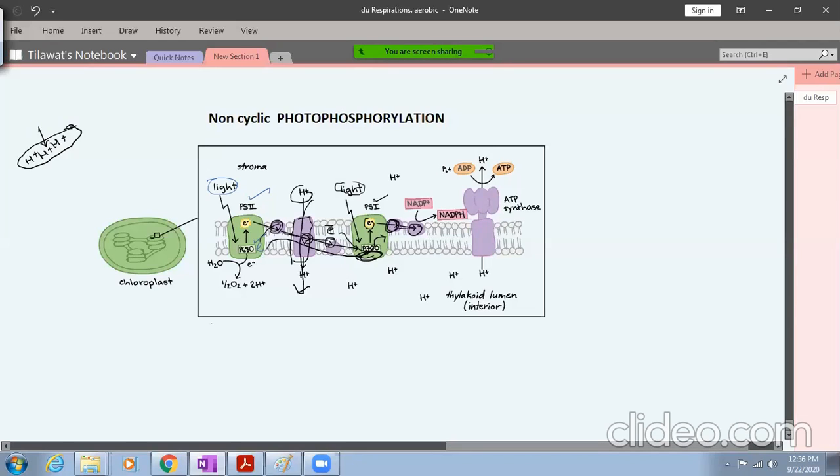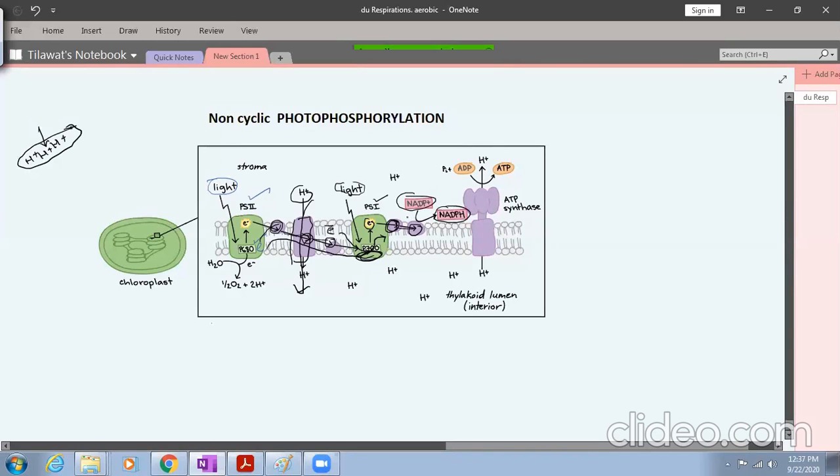Is it clear? Now the electron that jumped from photosystem 1 will finally be accepted by the final electron acceptor, that is NADP. It means NADP will be reduced to NADPH in this case.